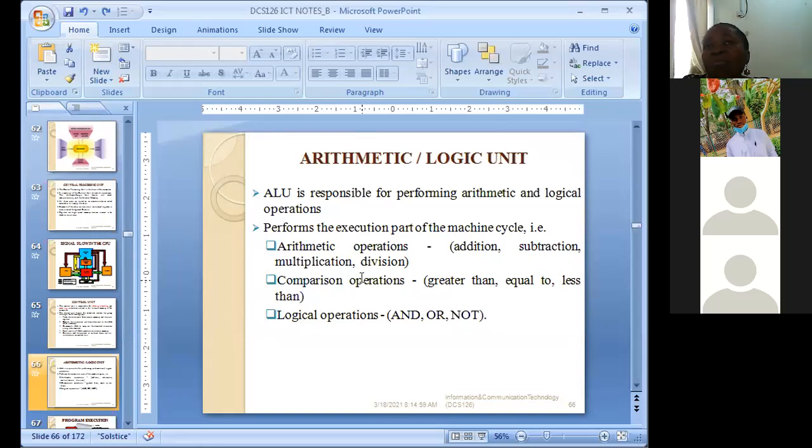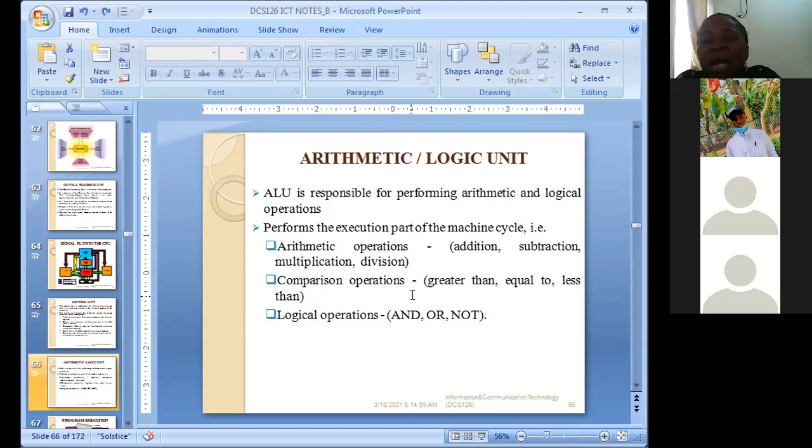Even when you are doing square roots and all of that, this ALU will handle all of them. Now, the other one is comparison operations. Comparison operations are logical in nature, like greater than, equal to, less than.